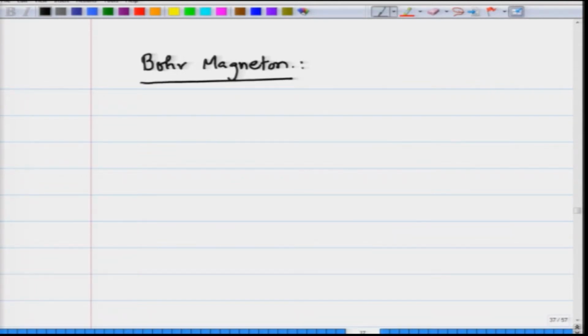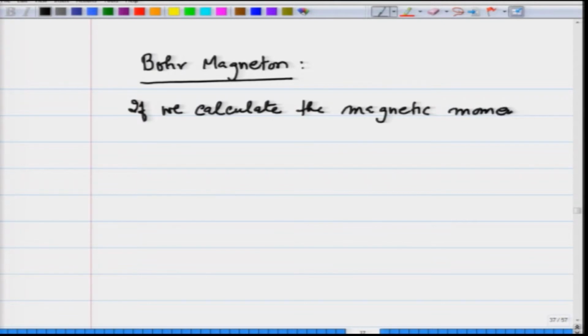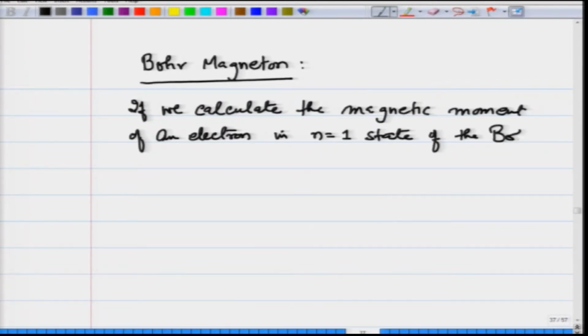So, Bohr Magneton is defined as the magnetic moment of an electron in the n equals 1 state of the Bohr model of hydrogen atom.